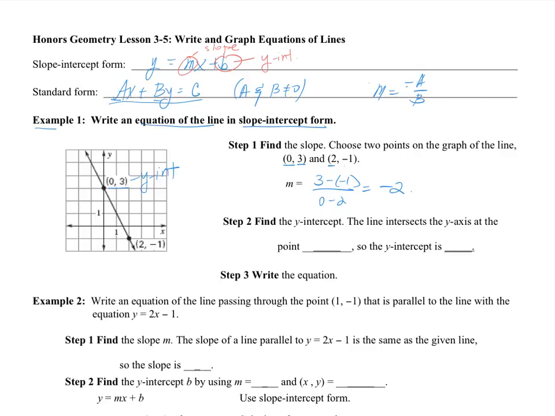Remember, the y-intercept is where the graph crosses the y-axis, at x equal to 0. So the y-intercept is 3. Now write the equation: y equals negative 2x plus 3, with negative 2 as the slope.